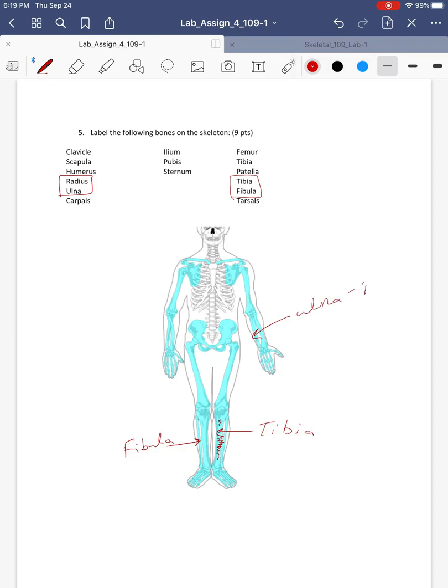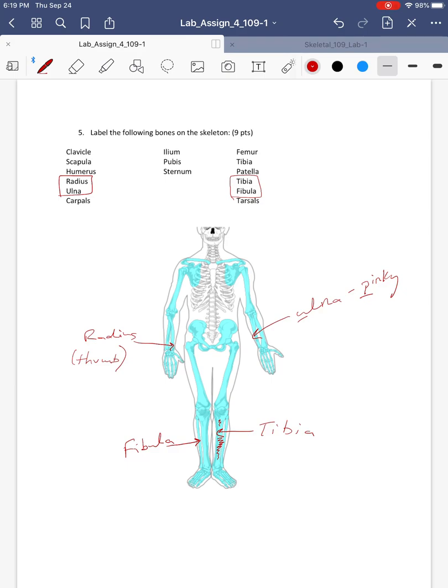So if you can put together ulna and pinky, no matter how the hand is turned, because you can put your palm forward, you can put your palm towards the back, no matter how you turn your hand, we know that the ulna is always by the pinky. You can think of up, UP, right? And that means that the radius is always going to be on the thumb side. Always on the thumb side.